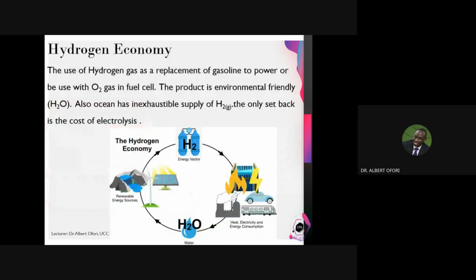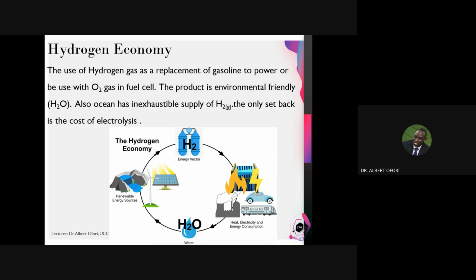Again, hydrogen is quite important apart from hydrogenation. We need to find a way of conserving hydrogen just as we conserve oxygen. So we have what we call the hydrogen economy, trying to see how we can use hydrogen to replace those systems that are taking our oxygen off.